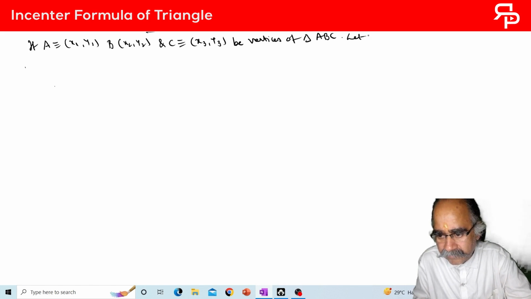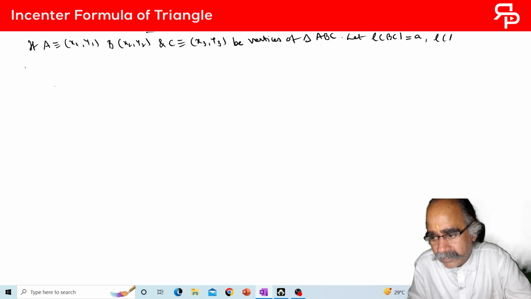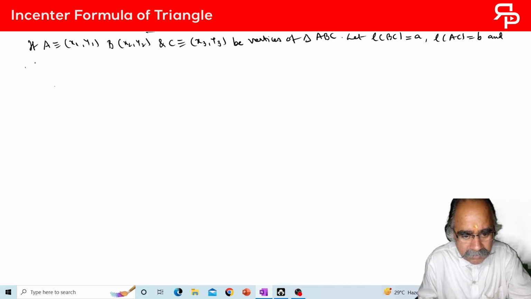Let the side opposite to capital A, length BC, be small a. The side opposite to capital B, length AC, is small b. And the side opposite to C, length AB, is small c.